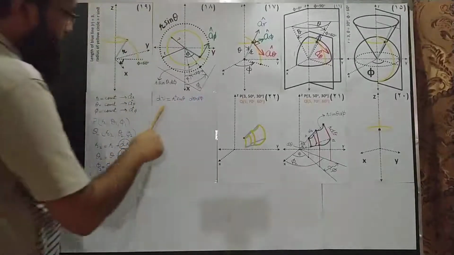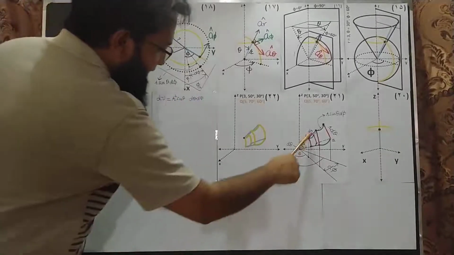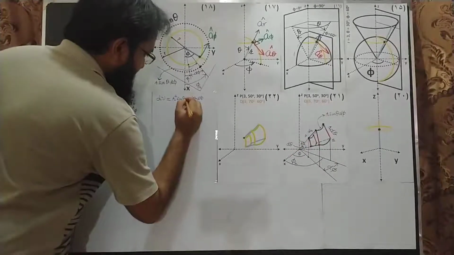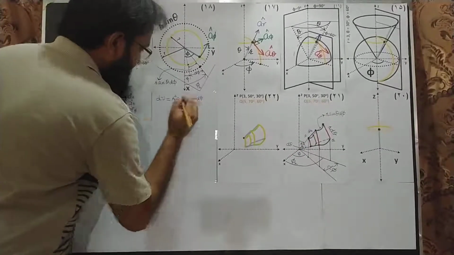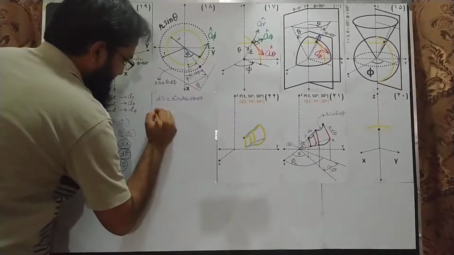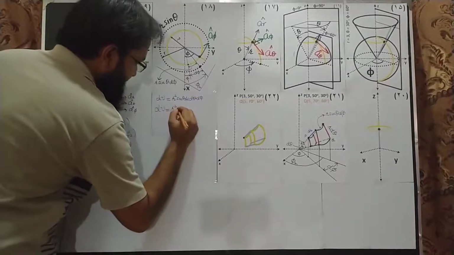Okay, earlier r d theta, then r sine theta d phi, and then this length which is nothing but dr. So write it here, dr. Let me write it with larger fonts so that you can see it.